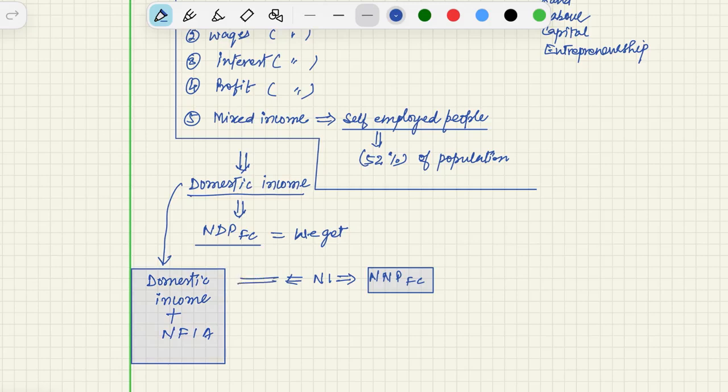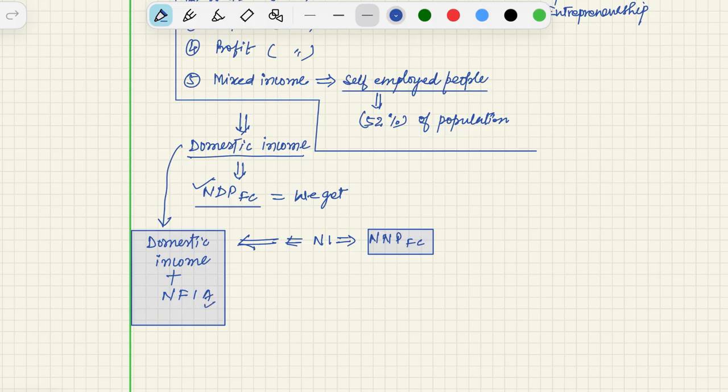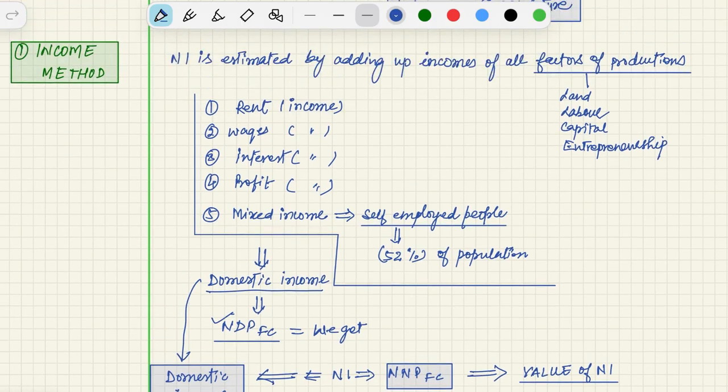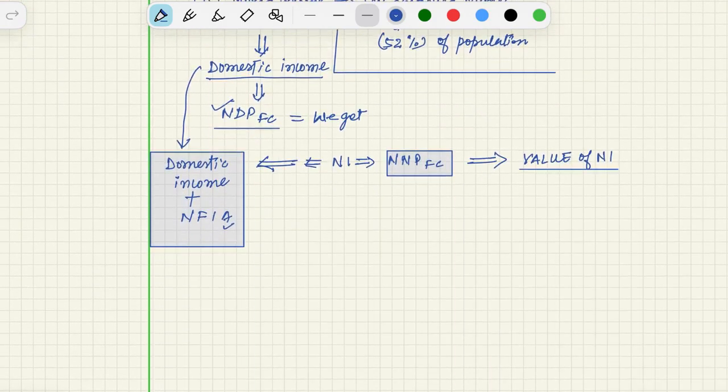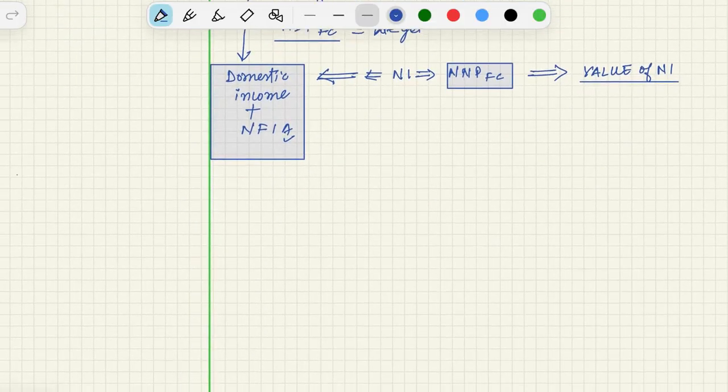By adding up all these, we get NDP at factor cost, called the domestic income, and when we add net factor income abroad, we get the value of national income. I hope you understand. So that is the first method, which we have completed.